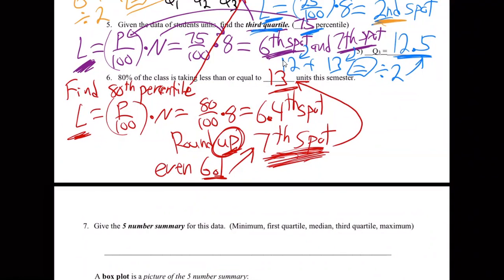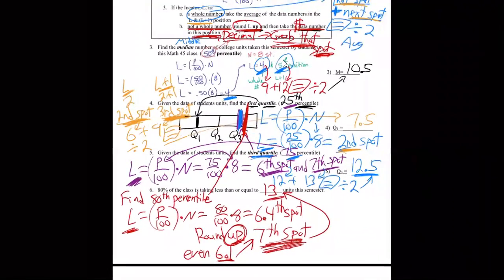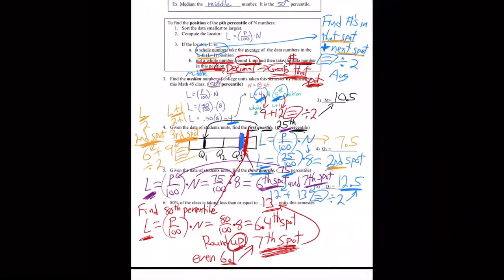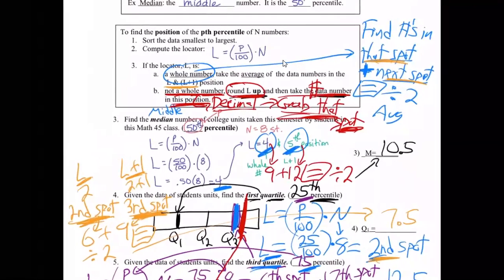All right, so we're done with percentiles. Questions I can answer on that before we move on. Maybe it'd be best if I reviewed briefly. So when they ask us for a percentile, we use the formula L equals P over 100 times N. But then what we do from there depends on whether we get a whole number or a decimal.